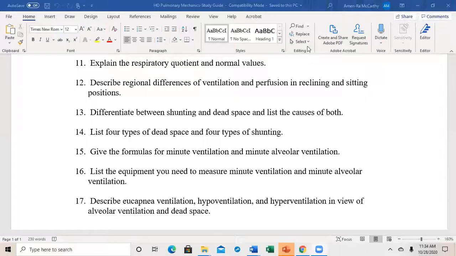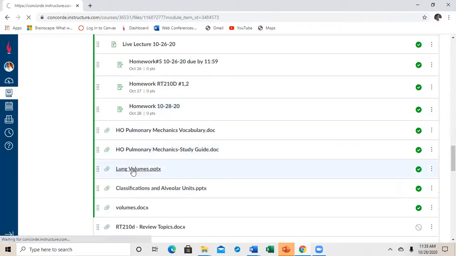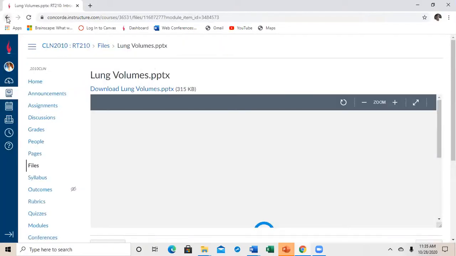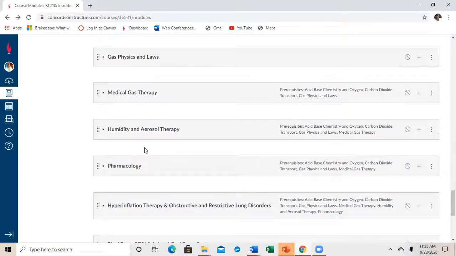There's a volumes doc that we went over yesterday in tutoring, for those that came to the tutoring. This lung volumes, no, that's the PowerPoint. Don't forget the lung volumes PowerPoint, but that ain't what I'm talking about, though. The lung volumes document.